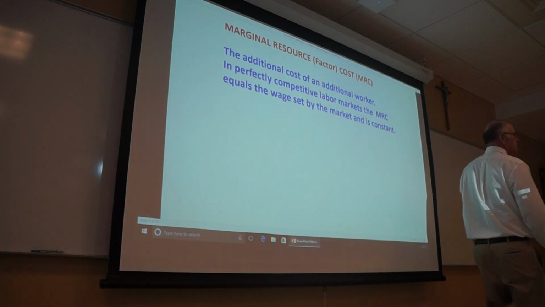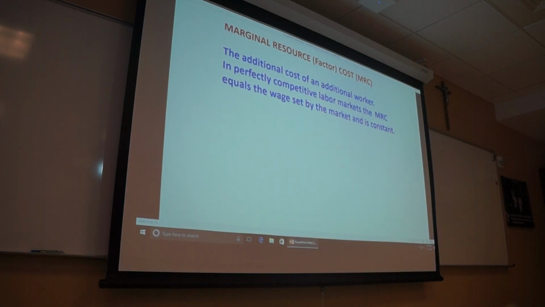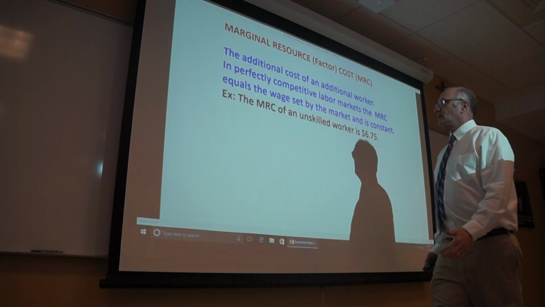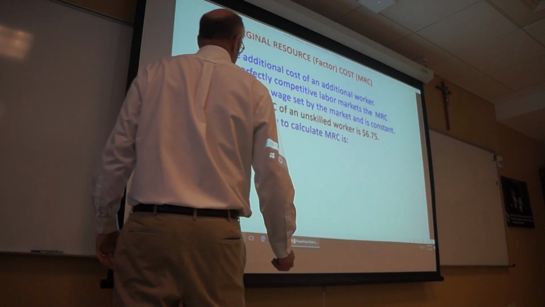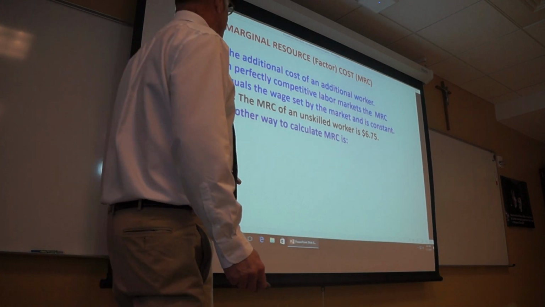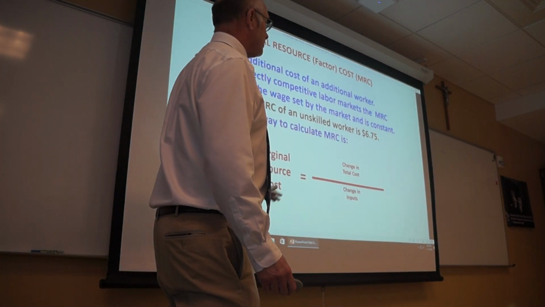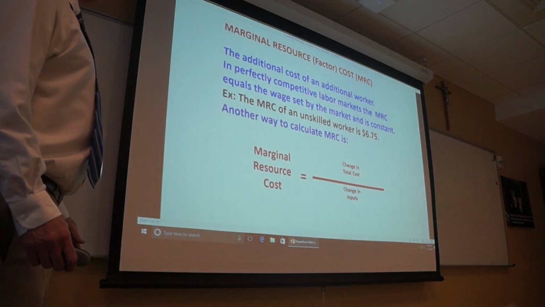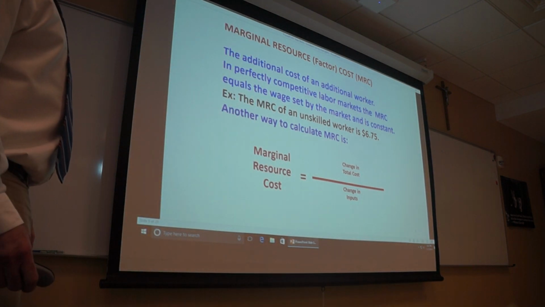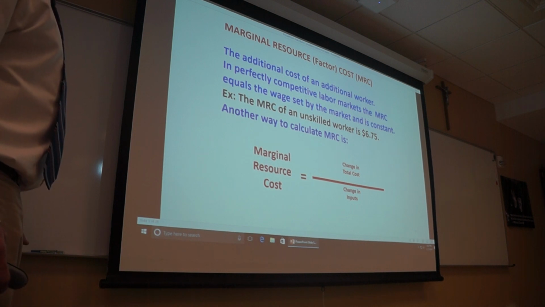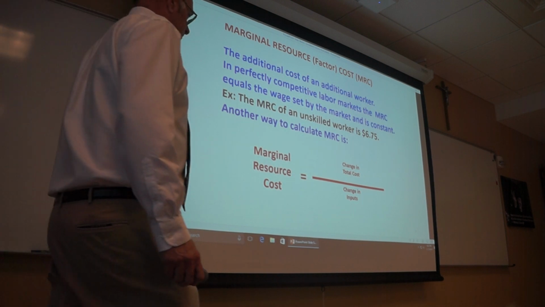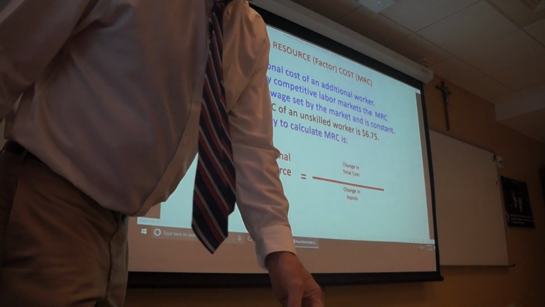So in perfect competition, there's no calculation. The wage is 20, that's the marginal resource cost. Okay? And then, in non-perfect competition, again, change in total cost over change in inputs. Okay?